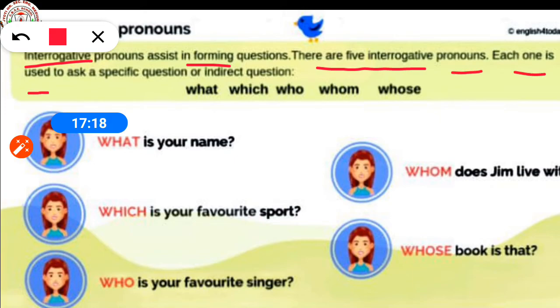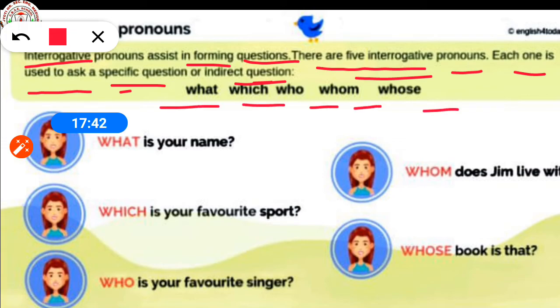Each one is used to ask a specific or particular question or indirect question that relates with what, which, who, whom, whose. You can see the example.